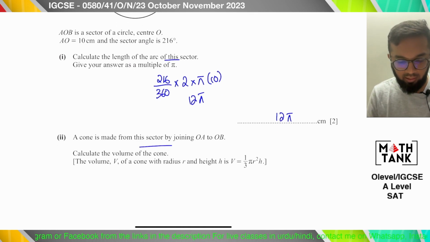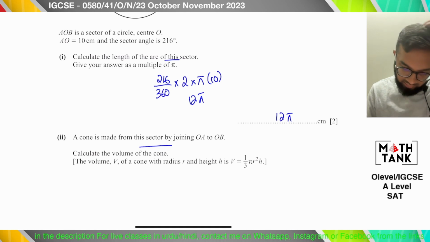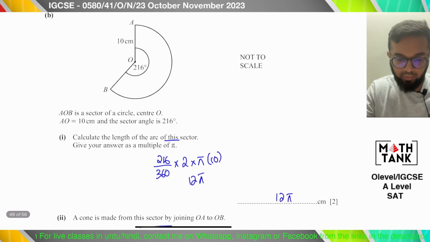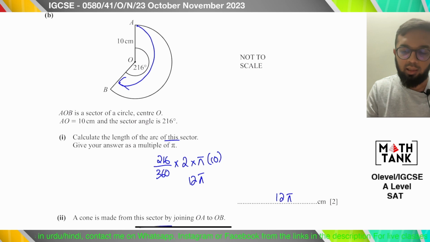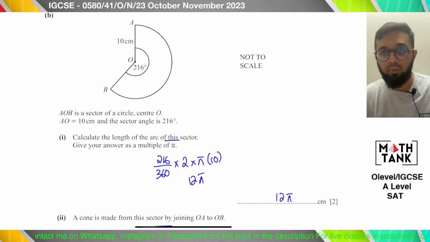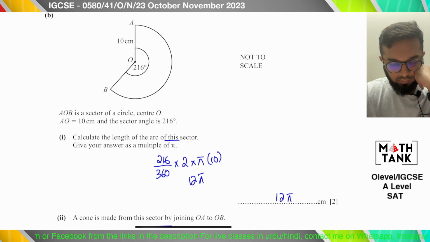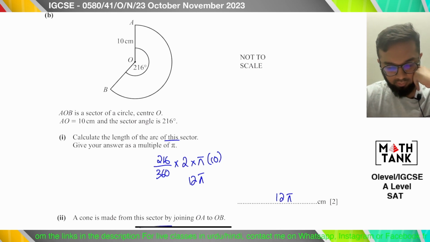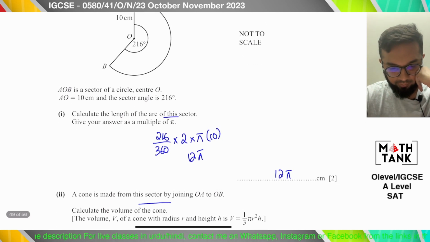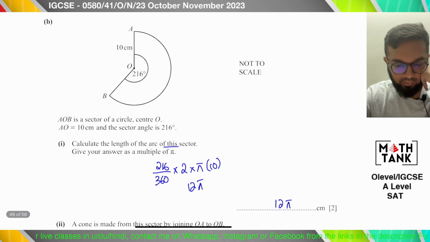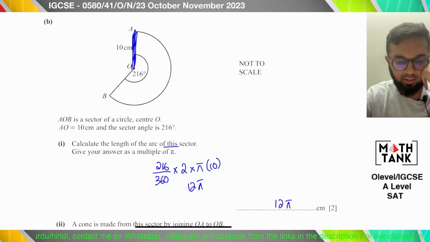A cone is made from joining this sector by joining OA to OB. So I roll this entire thing up and I make a cone out of this. So this becomes the slant height of the cone.